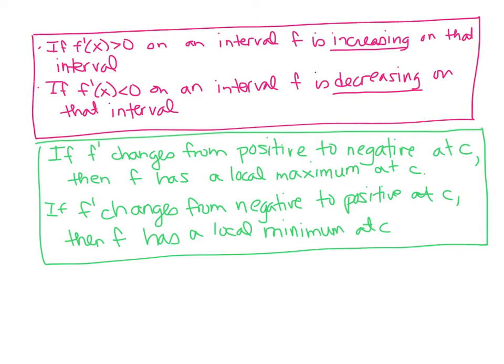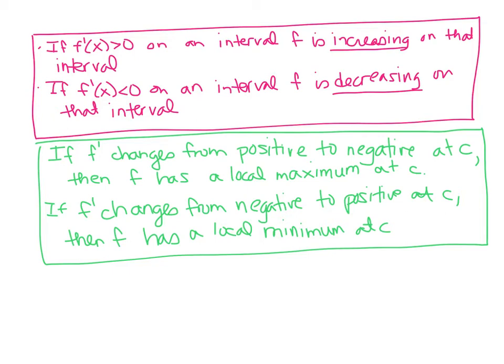Our second important thing has to do with local extrema. If my derivative changes from positive to negative, meaning the function goes from increasing to decreasing, then I have a local maximum at that point. And if it goes from decreasing to increasing, meaning it goes from negative to positive, I have a local minimum.